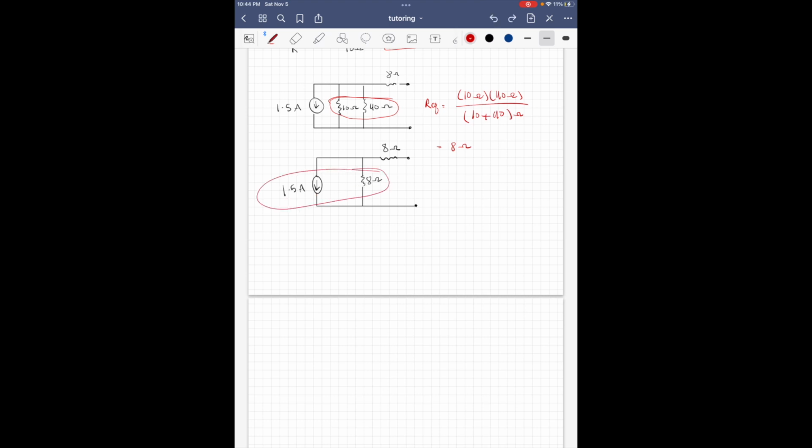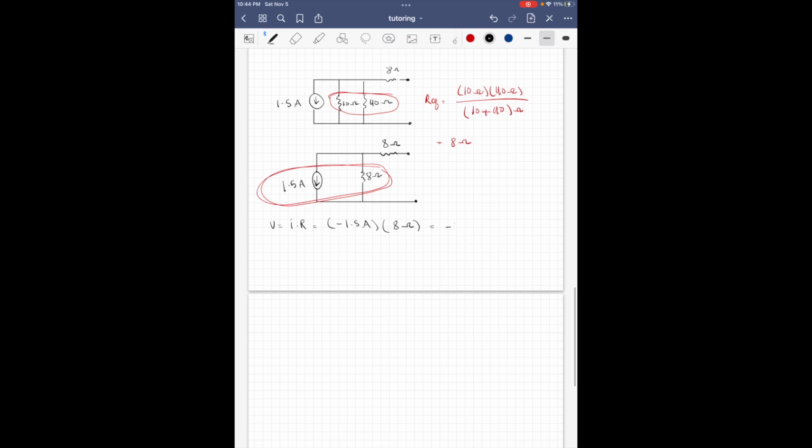That means that you can transform them to a voltage source in series with that same resistor. So the voltage source is going to be I times R. It's going to be negative 1.5 amps times 8 ohms. That will give me a voltage of negative 12 volts.